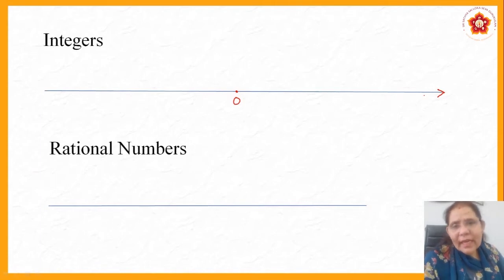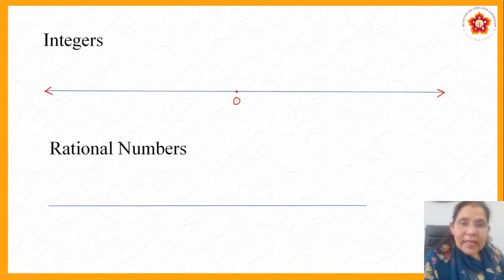Now what about the left hand side? On the left hand side also, if we have minus 100, would there be any other number lesser than minus 100? Yes, there would certainly be. So on the other side also we will mark an arrow which actually shows that the number line for integers extends indefinitely on both the sides.